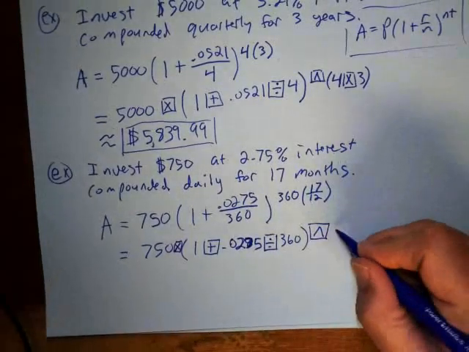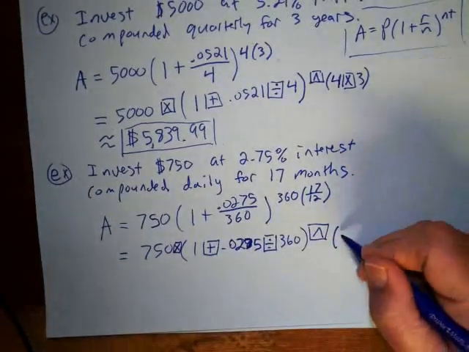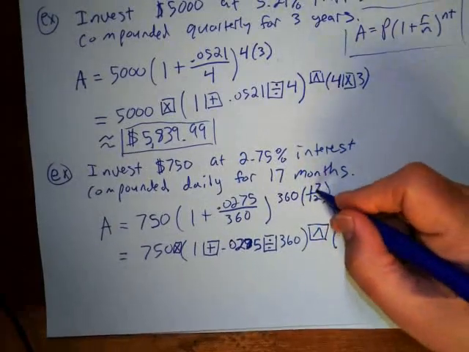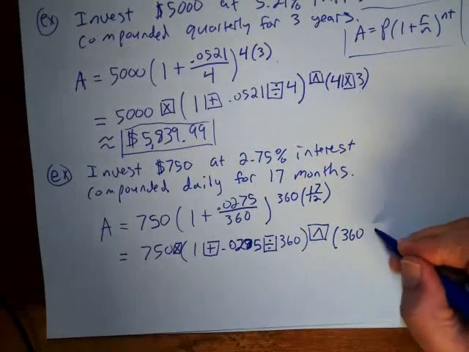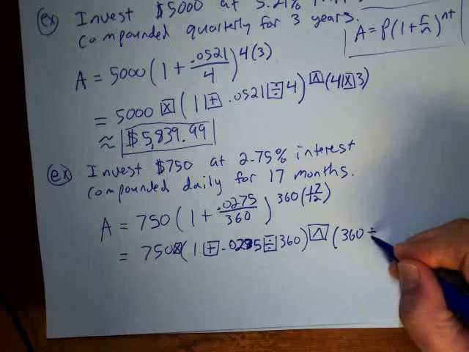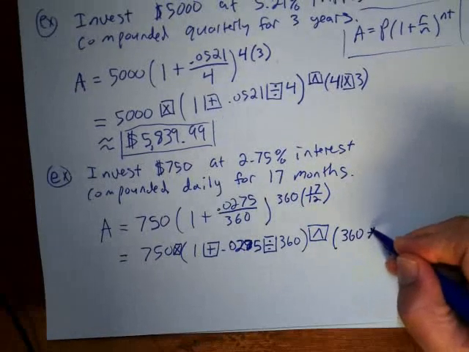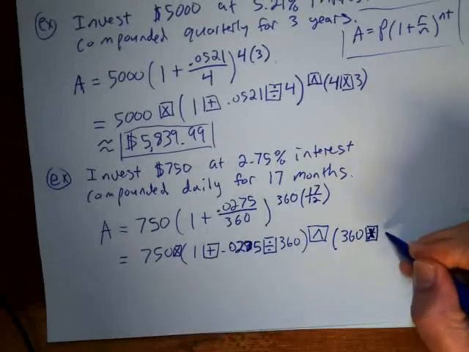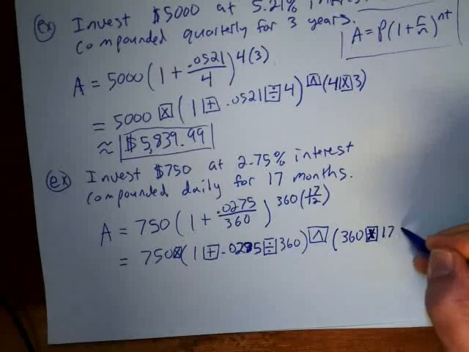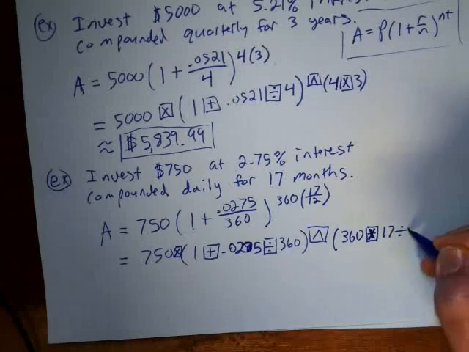And then it looks like here you want to divide first and then multiply, but as it turns out, you can do this, multiply and then have 17 divided by 12.